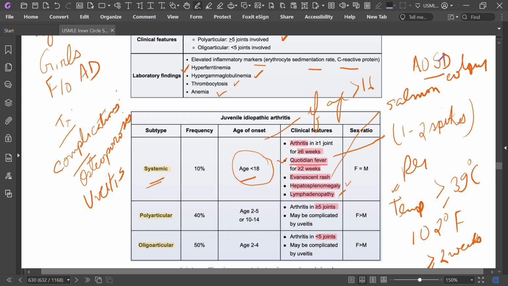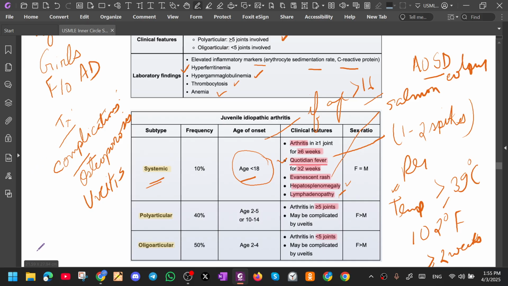And we know that in adult-onset Still disease, there is hyperferritinemia. So if features look like systemic JIA but the age is more than 16, like age 20, think of adult-onset Still disease.